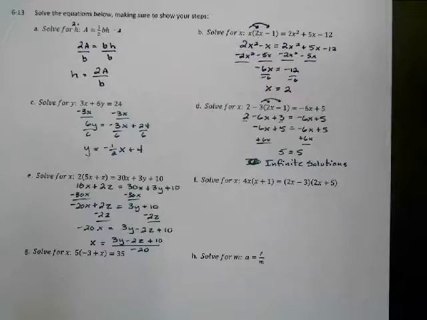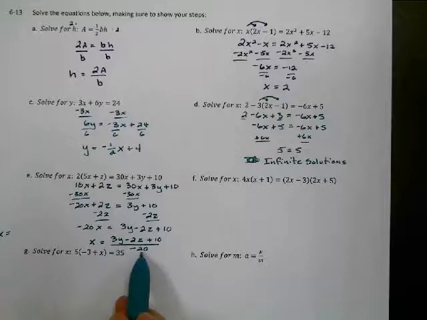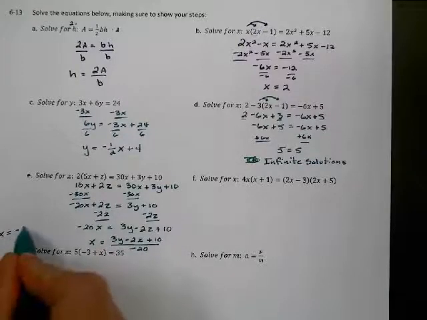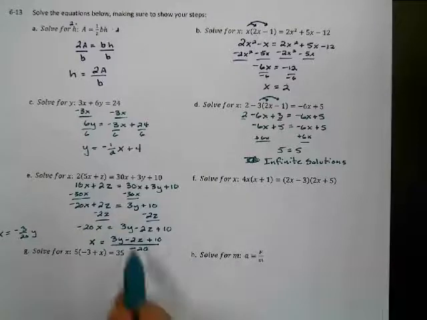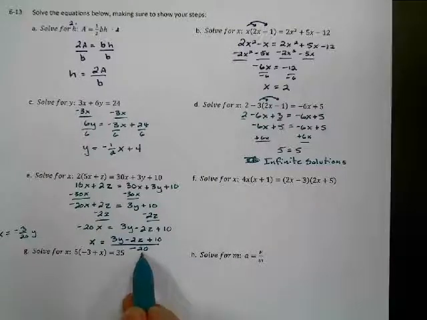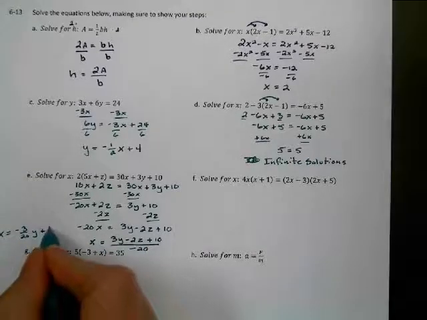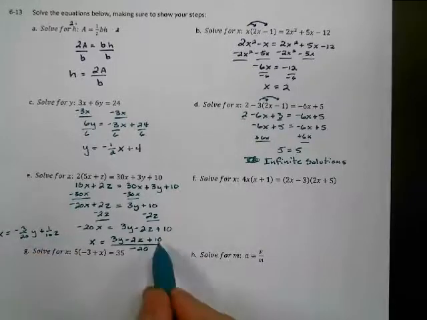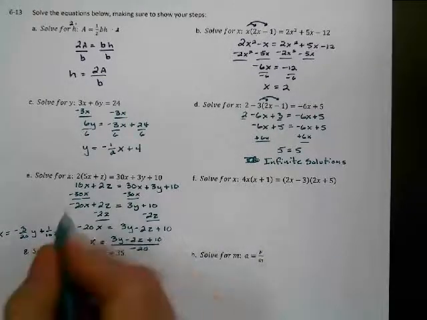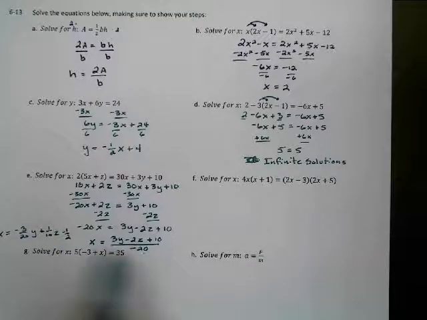So I could also have x is equal to 3 over negative 20, so that's negative 3/20ths y. And then negative 2 over 20 would be plus 1/10 z. And then 10 over negative 20 would be negative 1/2. So either way, I could do my answer like this, or like this. They are equivalent to each other.